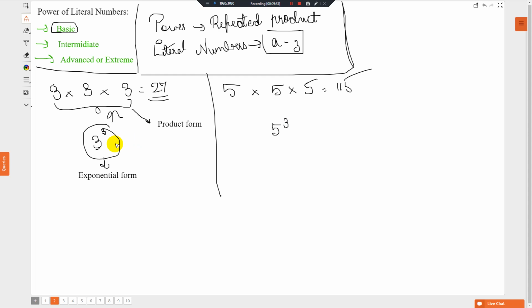And also, how to read this form? This form is read like this.